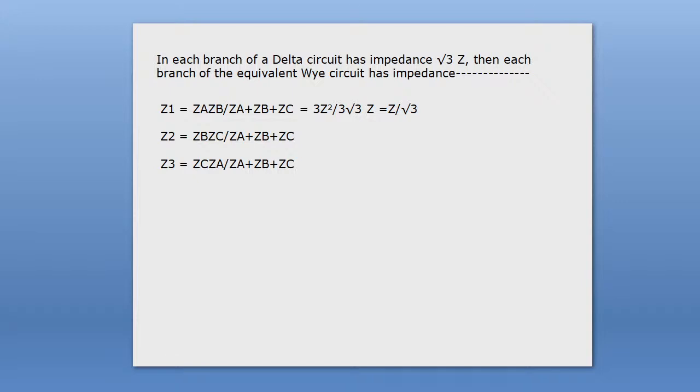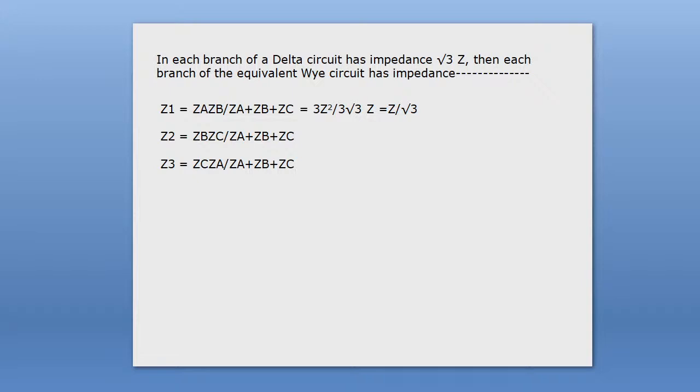You just put the values of ZA, ZB, ZC, which are root 3 Z. It is given that the impedance value of individual arms of the delta network is root 3 Z. So you replace ZA, ZB, ZC with root 3 Z. Root 3 Z into root 3 Z gives 3 Z square, divided by root 3 Z plus root 3 Z plus root 3 Z, which gives 3 root 3 Z. So 3 cancels out, and you get Z by root 3.